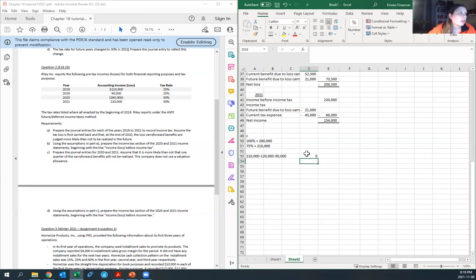So what's going to happen here? You're going to use your entire loss for your 2018 and 2019 years. So you're going to have your income tax receivable and your current tax benefit. And they're both going to be your $120,000 plus $90,000 times 25%.